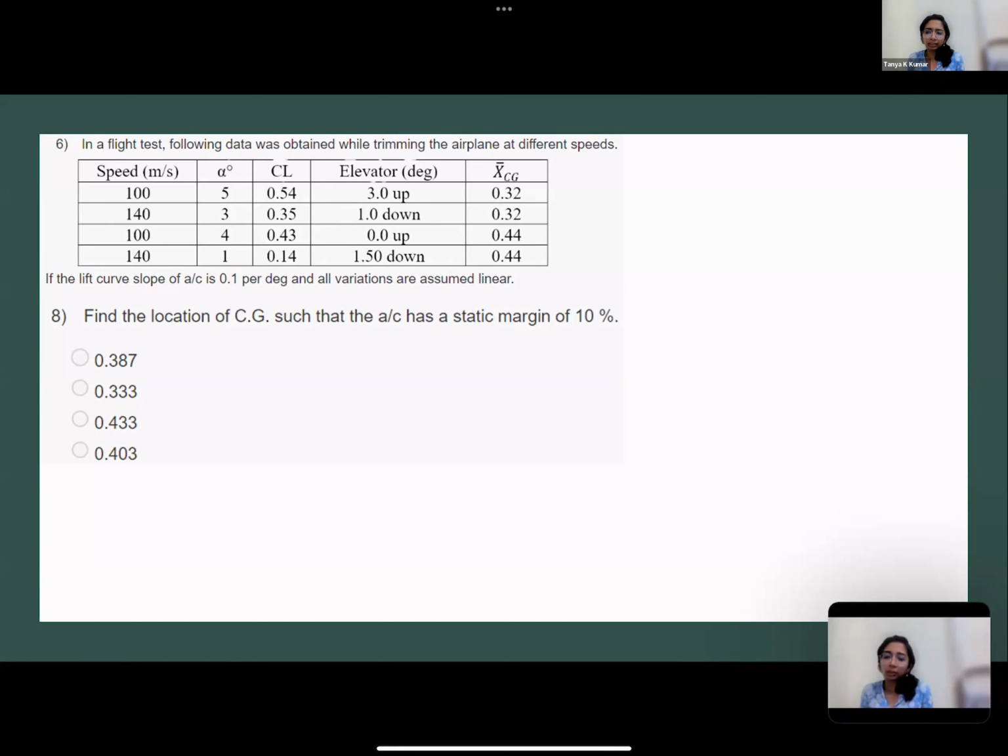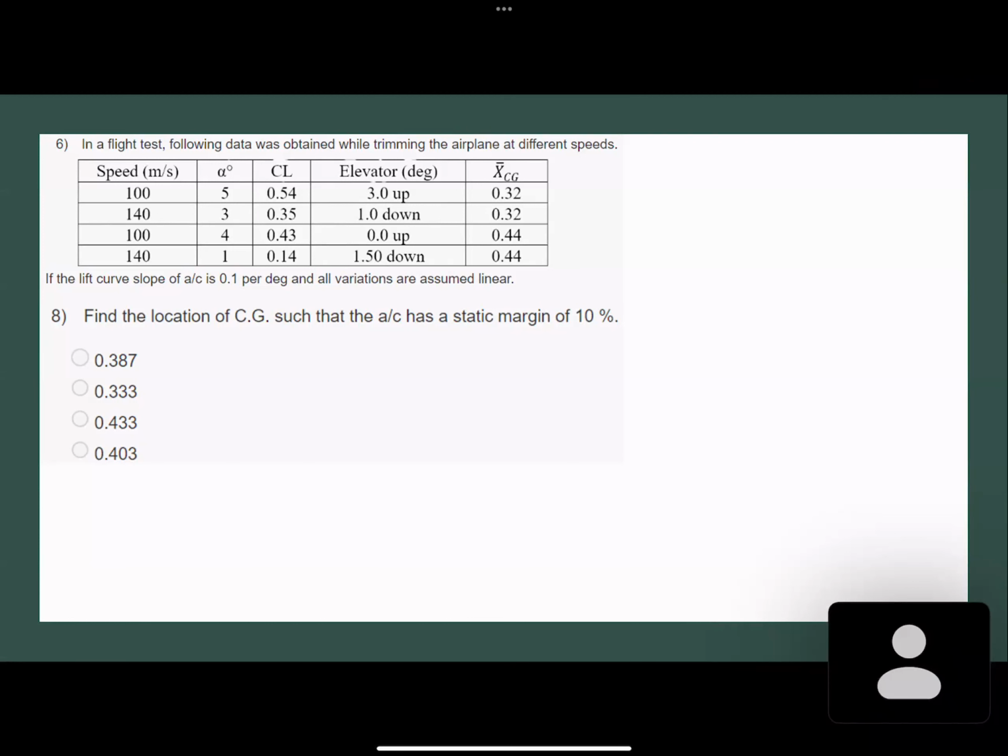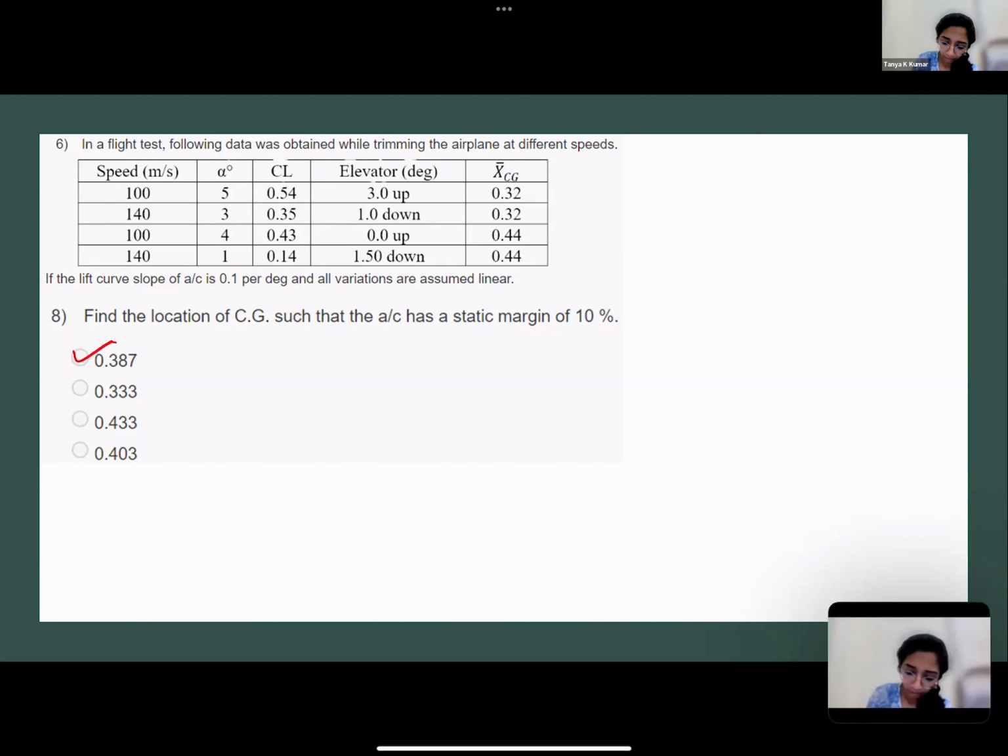How will you do this question? It's very similar. It's exactly like the previous question. Only static margin has changed. What is the answer? I think it's the first one. Yes, it's 0.39. So the only change here is that static margin is 0.1. Because that's the only change from the previous question. Okay. Let's go to the next question.